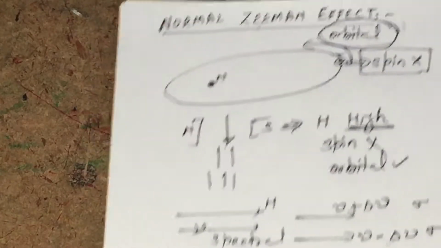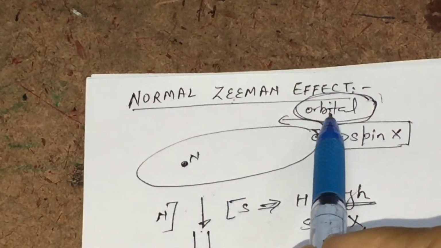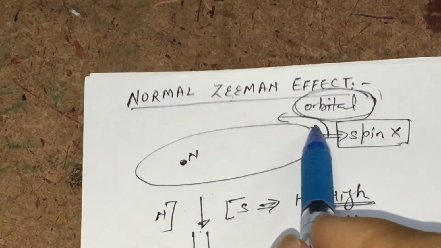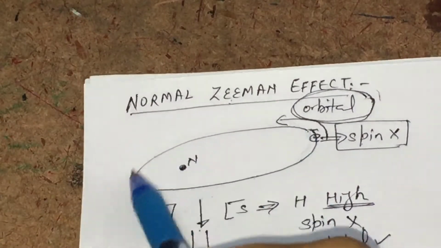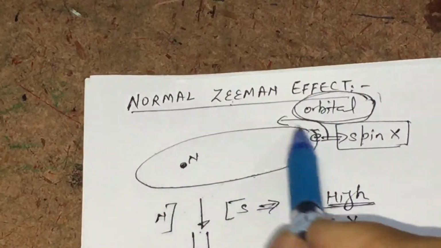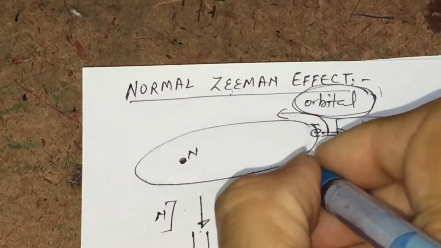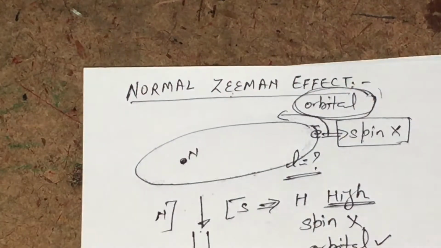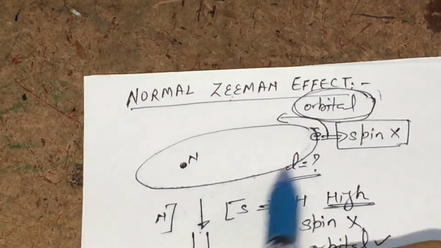As we know, the electron is moving in an orbit, and now in our case we are not considering the spin motion. The electron is moving in this orbit, and the shape of the orbit and the orientation of the orbit depend upon its orbital quantum number.